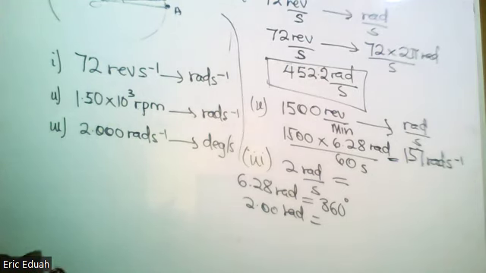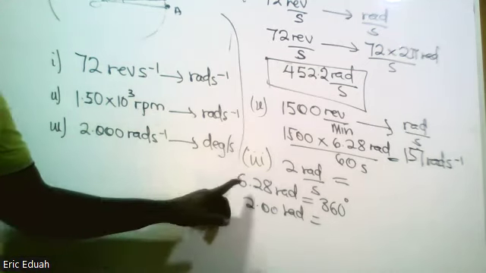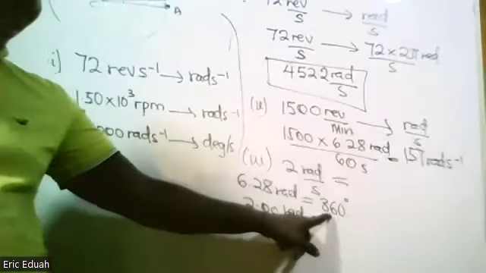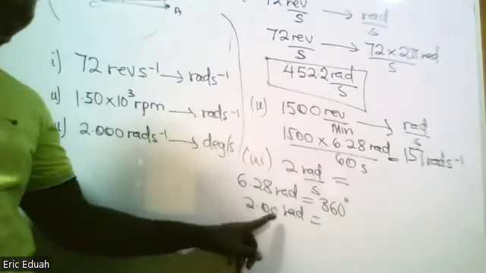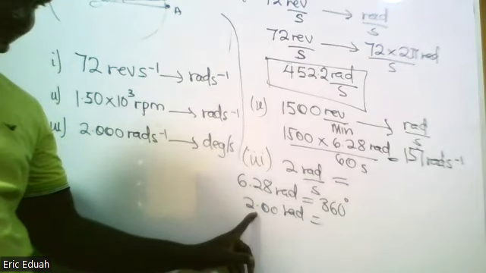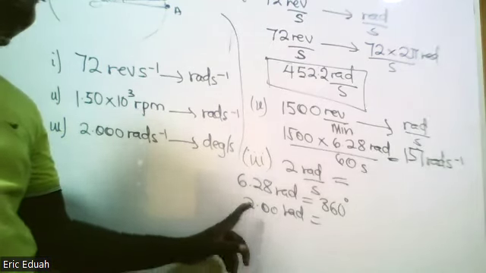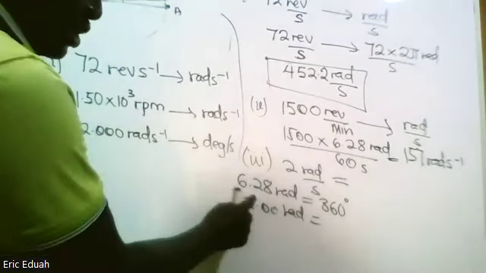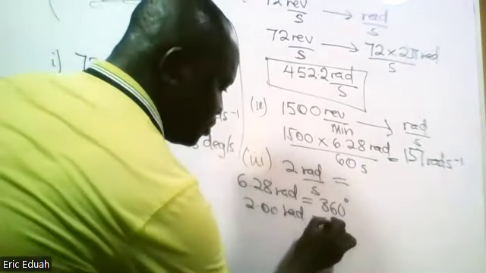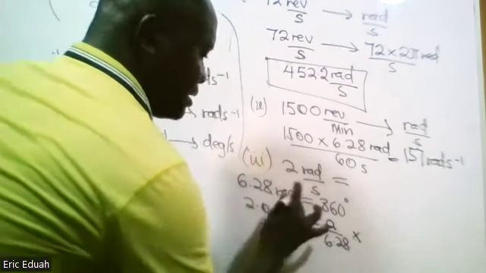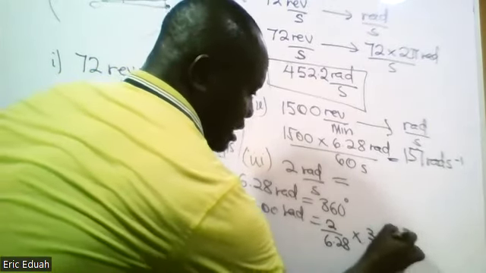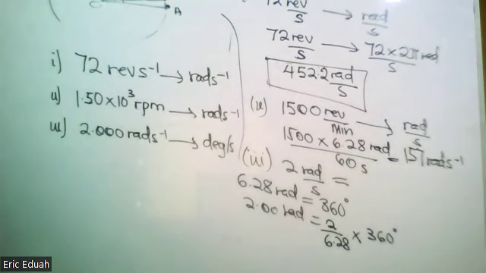It will be less. If less, you divide by this more. So 2 divided by 6.28 times 360 degree, and calculate that for us.